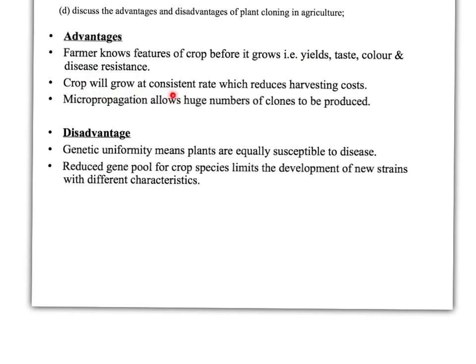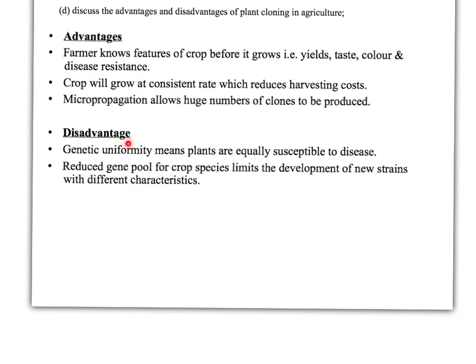It also will grow at a constant rate, and therefore harvesting costs will be cut down if all your crop becomes ripe at the same time. You only have to harvest at one time of the year, and that reduces harvesting costs. And micropropagation very quickly leads to huge numbers of clones being produced.